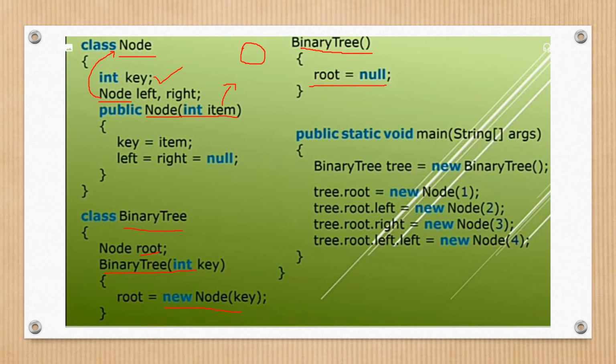This is the main method. We are declaring an object. Binary tree equal to new binary tree. When you declare this, immediately a root node will be created with null. Tree dot root equal to new node of 1.